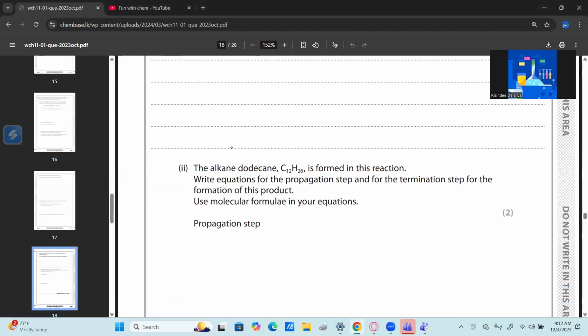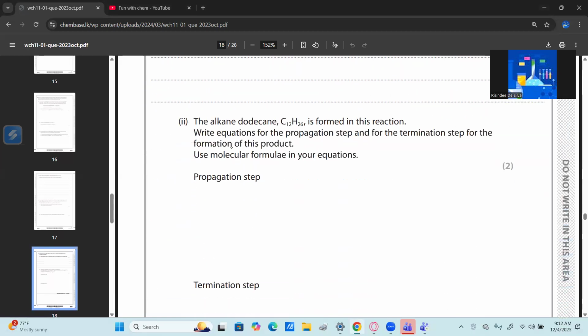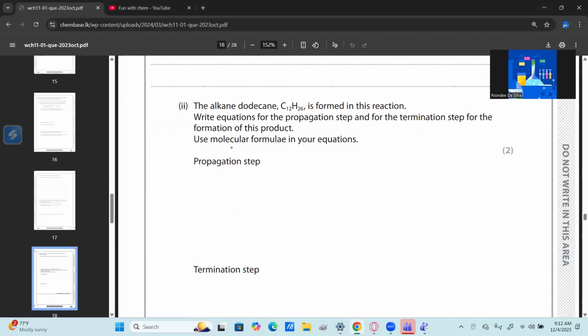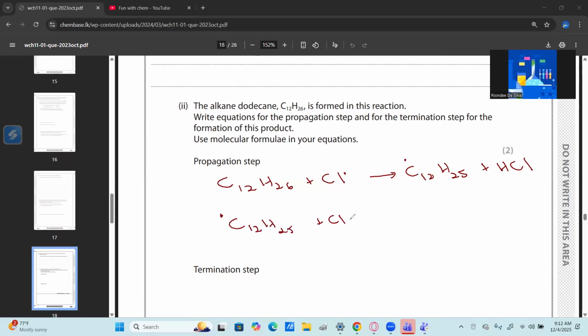The alkane dodecane is formed in this reaction. Write equation for the propagation step and for the termination step. So normally we know when an alkane undergoes free radical substitution with a chlorine radical, one of the hydrogen atoms will be replaced and it will form HCl. So C12H25 radical will attack a chlorine molecule to form C12H25Cl and Cl radical.